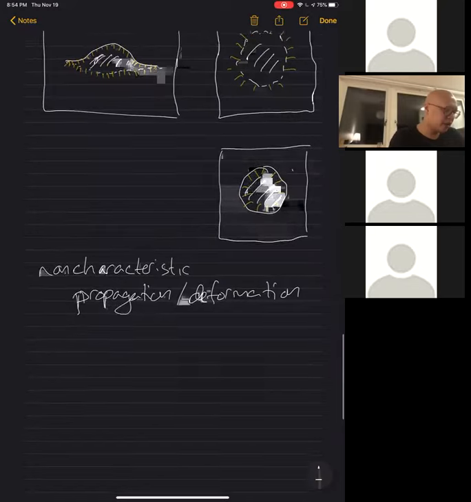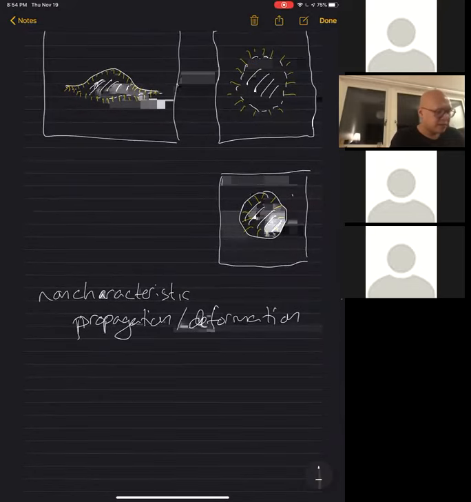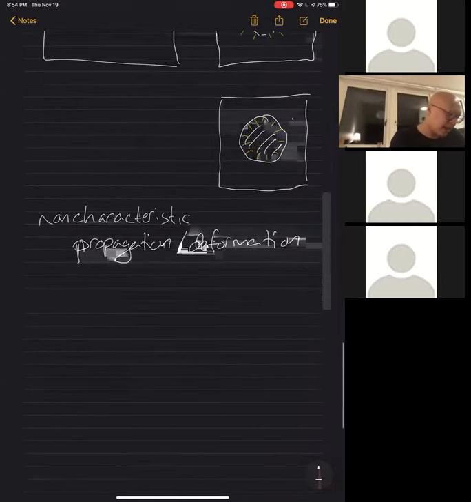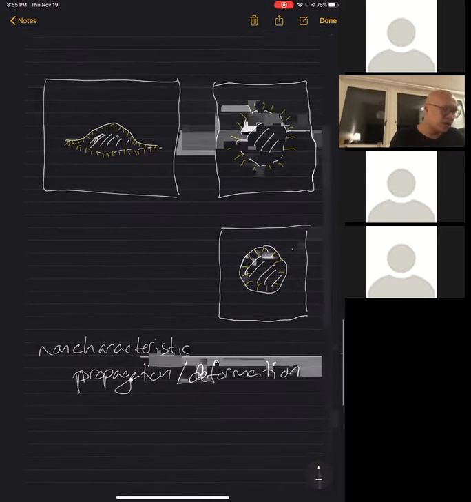This word characteristic in this context, we borrow from differential equations, and it has to do with these covectors, these microsupports, and specifically with the phenomenon of them colliding. Non-characteristic propagation or deformation is not a word with a precise definition, but what it means is that you are varying the picture in some way so that these covectors never collide.